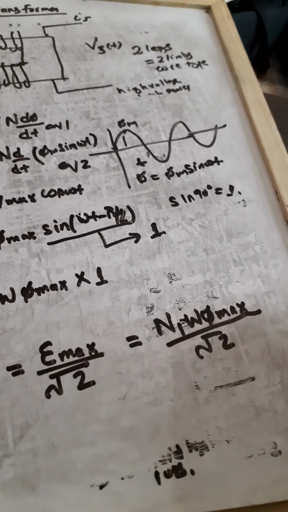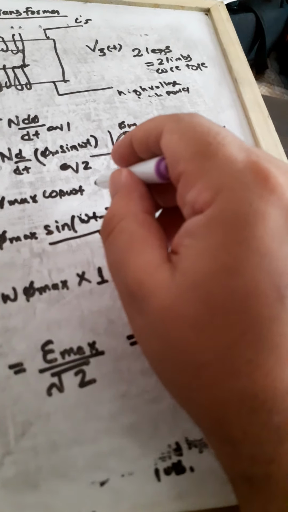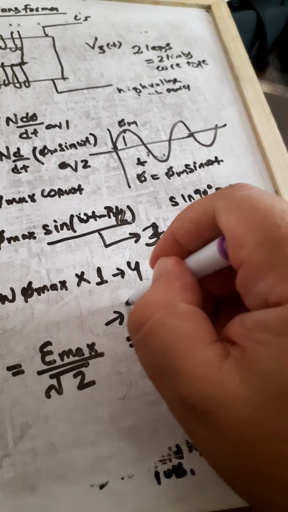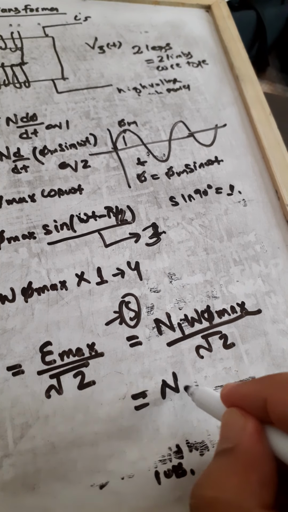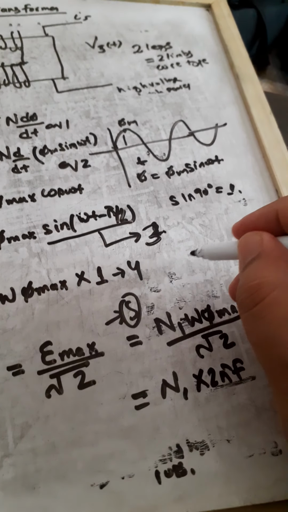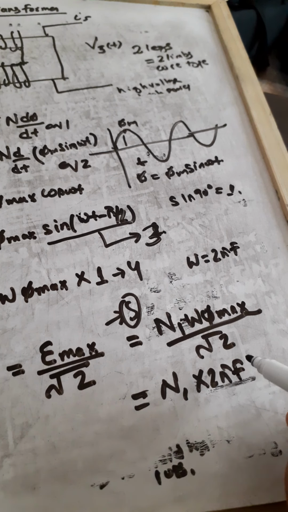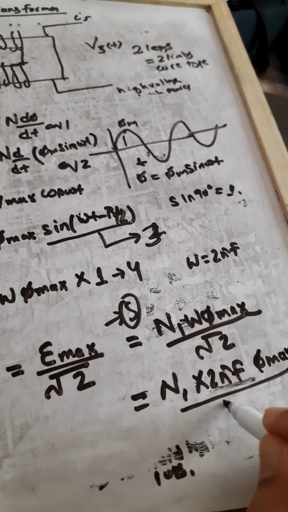This is equation 1, 2, 3, 4, and this is your fifth equation. Now instead of omega you can write 2 pi f, because omega is equal to 2 pi f. So you write N1 into 2 pi f phi max divided by root 2.